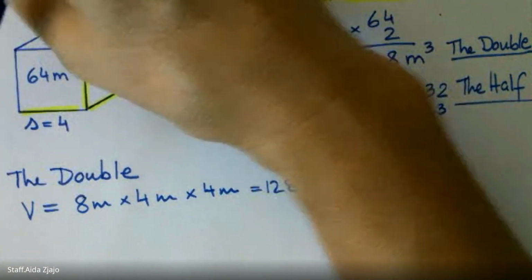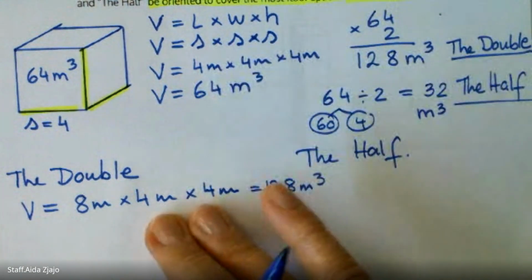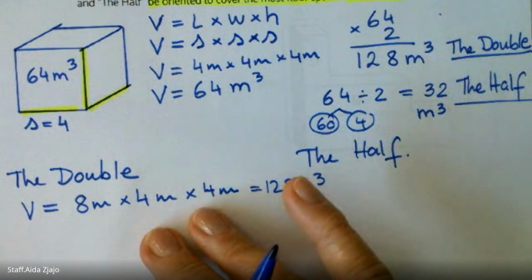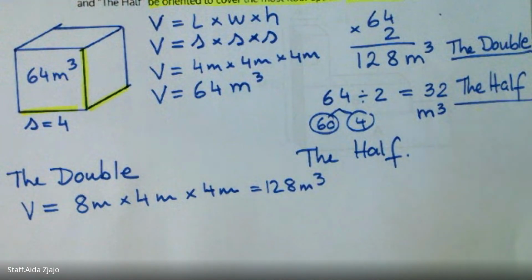So we can think about how we can create that. So if we think this to be, for example, 16 times 4, that would be 120.